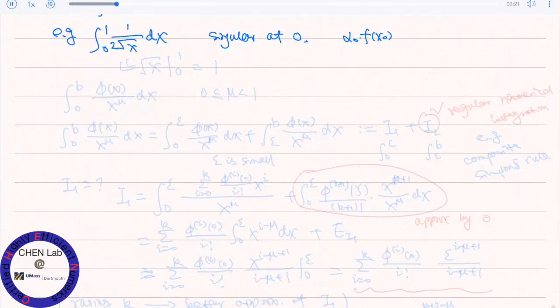This function is so-called integrable, even though it is singular at 0, because we know its antiderivative. The antiderivative is square root of x, and we evaluate, we know it's 1. So it's perfectly integrable.